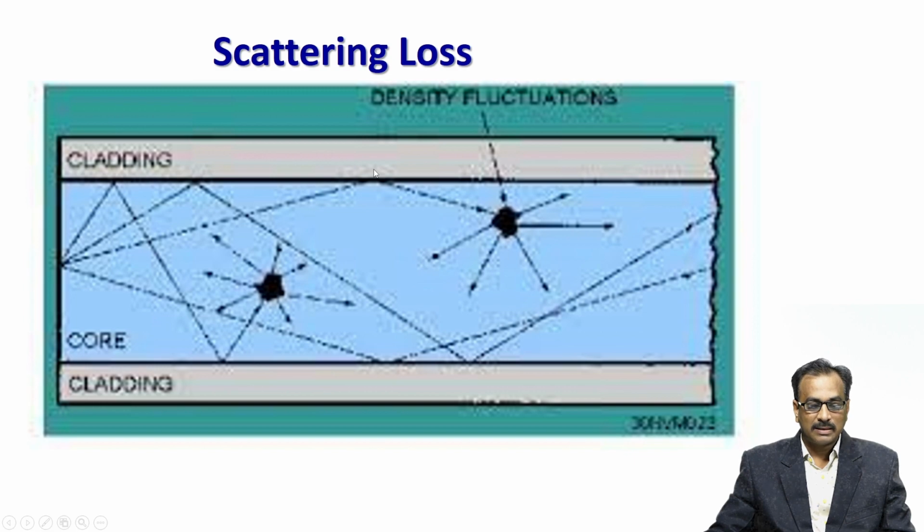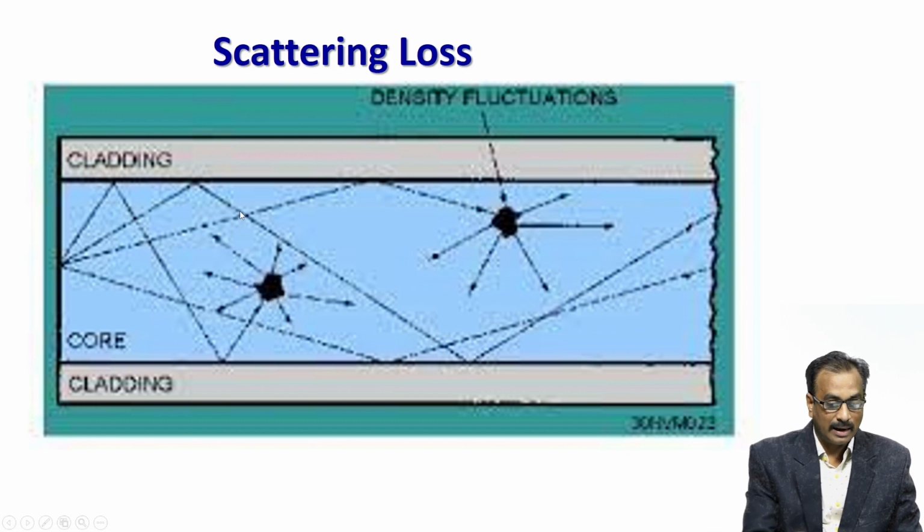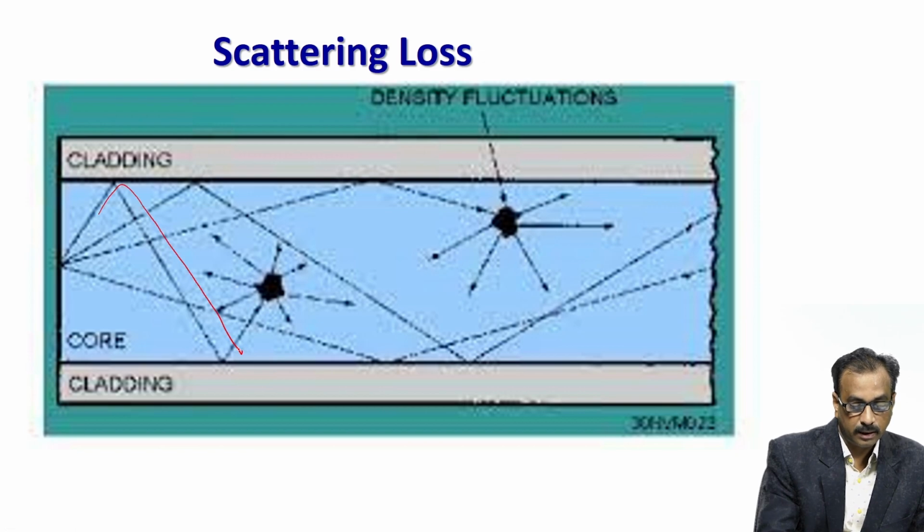Generally, scattering losses occur due to imperfect crystal structure of the core material. This is the core material. In this core material, suppose the atoms are not arranged in a regular form, or there is an imperfect crystal, or high density clusters are formed in some regions. Whenever light transmits through such high density clusters, the light ray scatters in all directions.